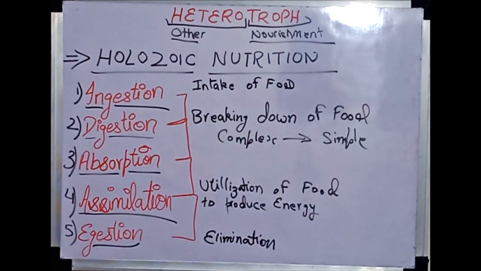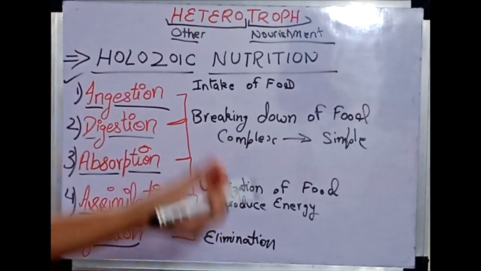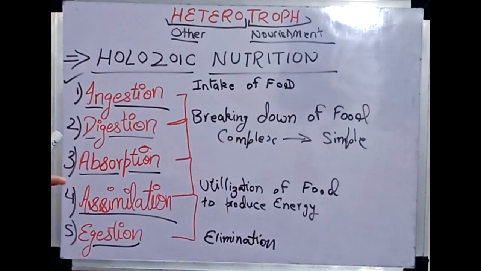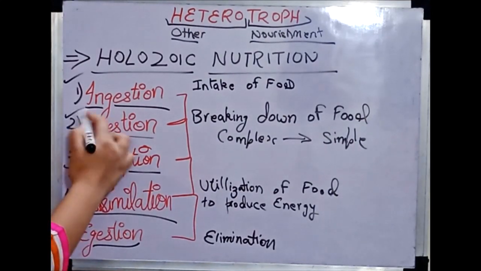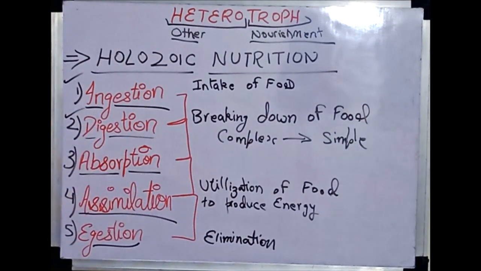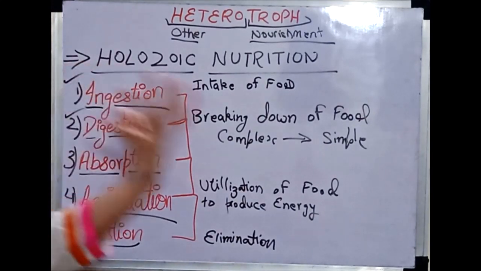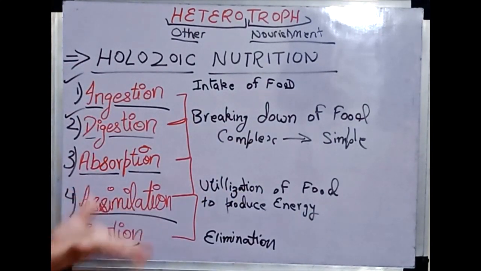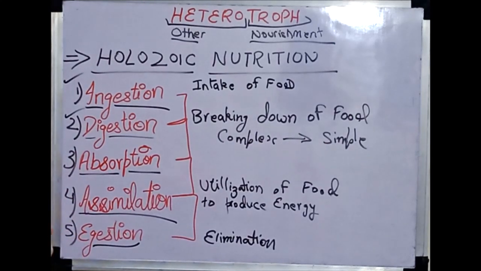But all of that, we are clear with it, that we have ingestion first, means taking the food, where your mouth, your teeth, your salivary glands all are involved. Then comes digestion, when breaking down of complex food into simple food occurs, you can say with the help of digestive juices like HCl, pepsin, trypsin, your bile juice, and many.